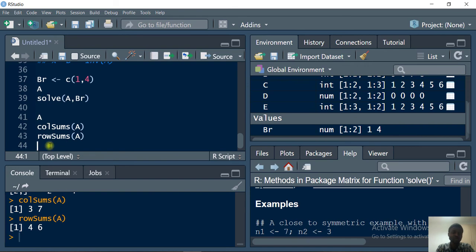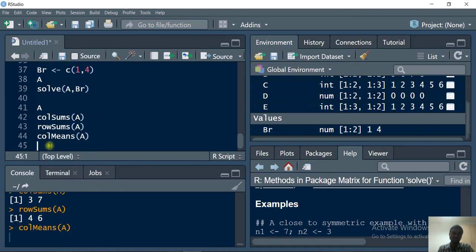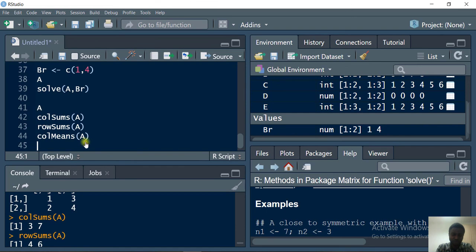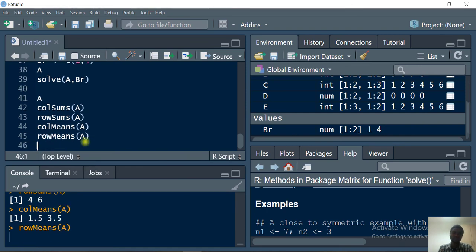The same thing, you can say colMeans of A. So it's like 3 divided by 2, we have 1.5. 7 divided by 2, that is 3.5. So you understand rowMeans of A, the same thing. This is like 4 divided by 2, 6 divided by 2, which is 3.